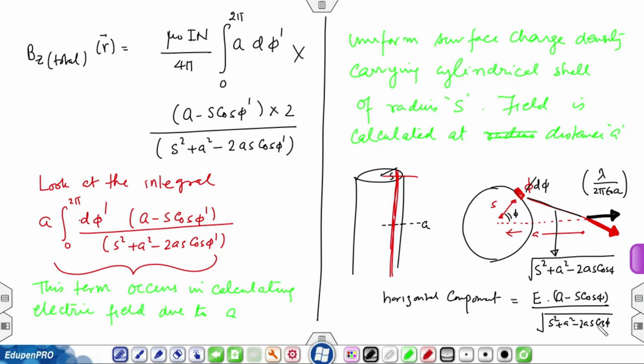So, you see this factor is coming right here. So, we can therefore calculate this integral. Let us now do the detailed calculation.